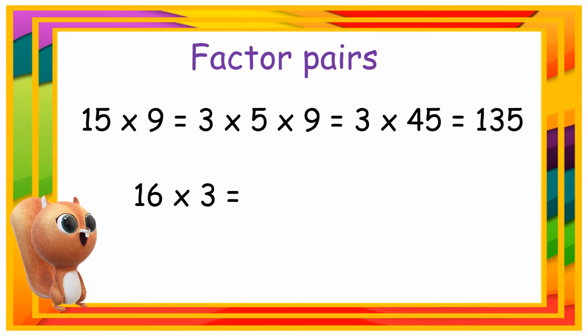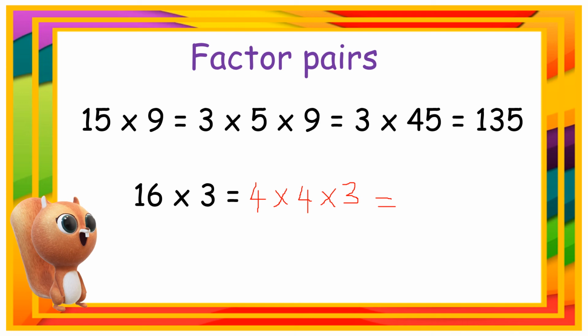Welcome back. What 2 factor pairs did you choose? Well, I'm going to choose 4 and 4 because I know that 4 multiply 4 gives me 16. So 4 multiply 4 multiply, what is the third factor pair? 3. So I have 4 multiply 4 multiply 3, and right now I'm going to multiply 4 and 3 first because I already know that 4 multiply 4 is 16.